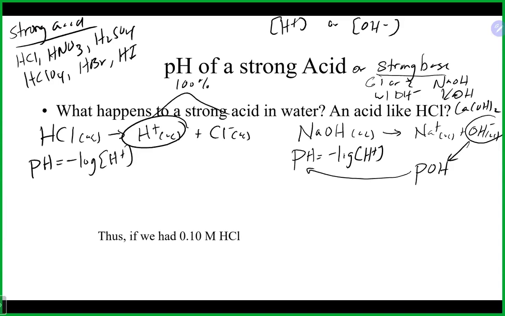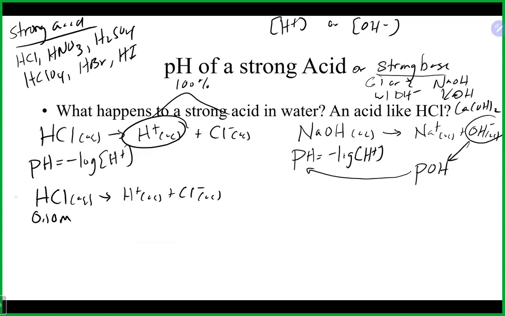So let's just say, for example, we had a 0.1 molar solution of HCl. We wanted to know what is the pH of that. So again, we could use the fact that hydrochloric acid is a strong acid, will completely break apart into H plus and Cl minus. And as we talked about with concentrations, if this whole thing is 0.1 molar, it is a 1-to-1 relationship between that and the H plus.